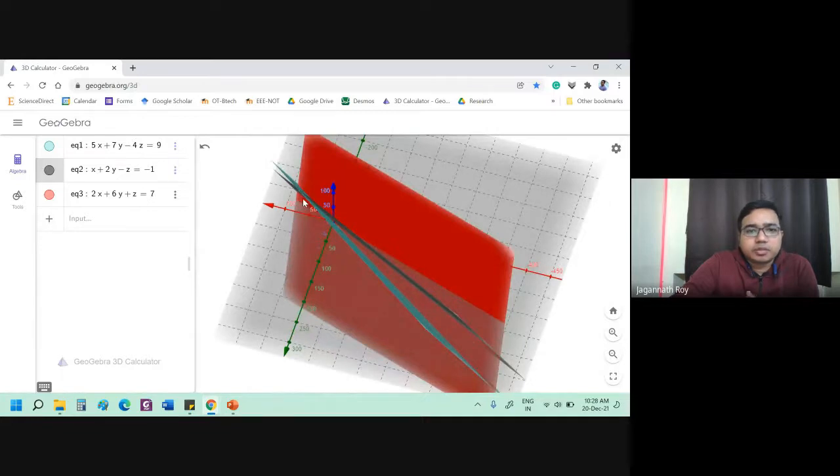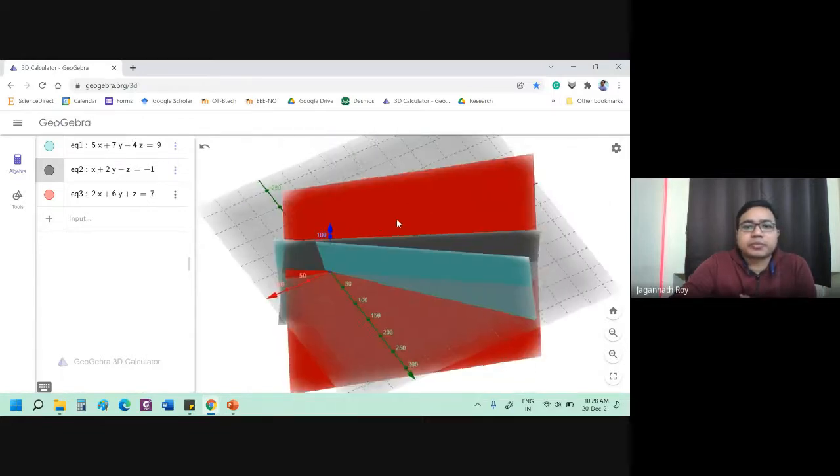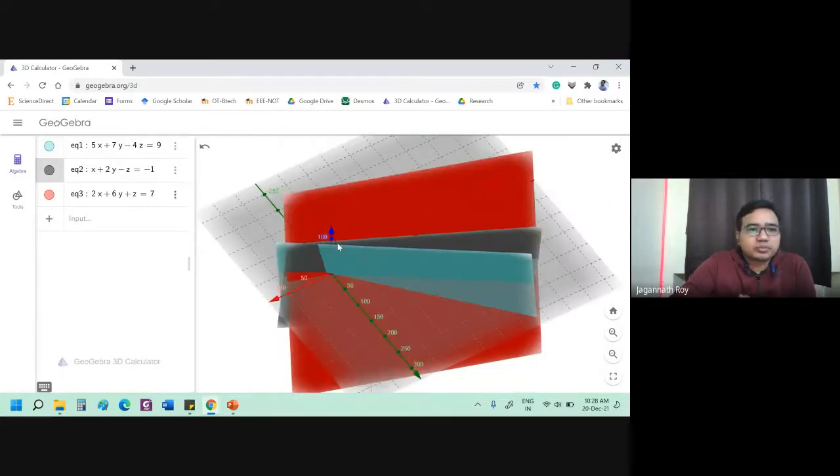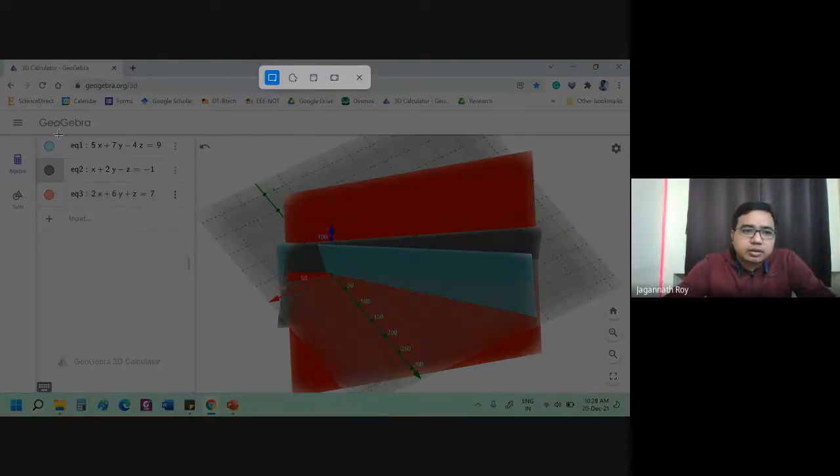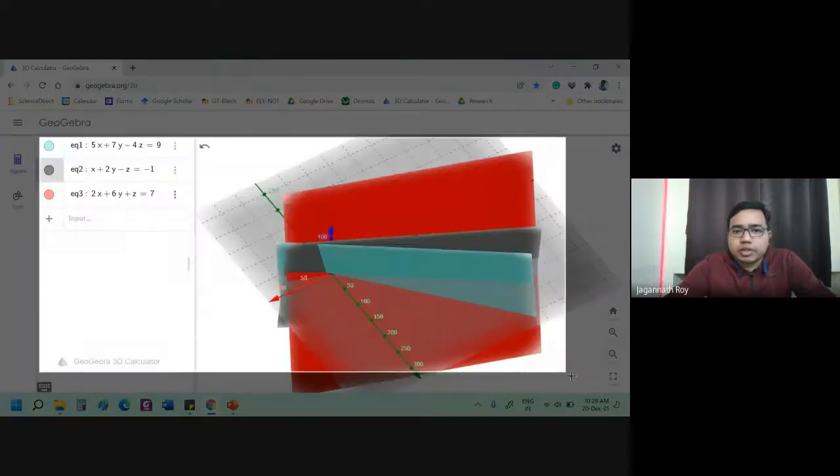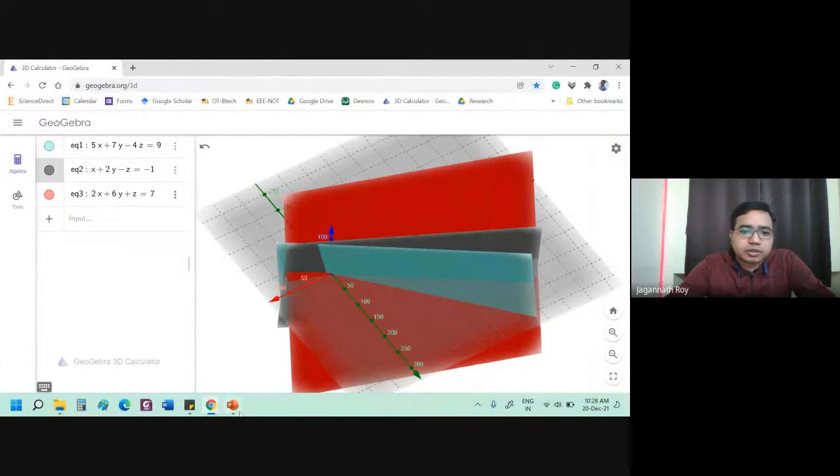So this point will be, I think, for example, 10, -3, 5. I have solved this system. So I know that the solution point is this one.